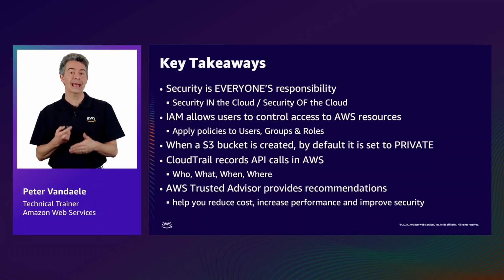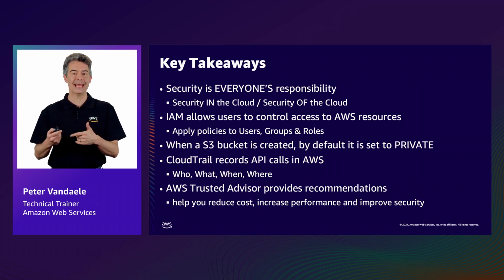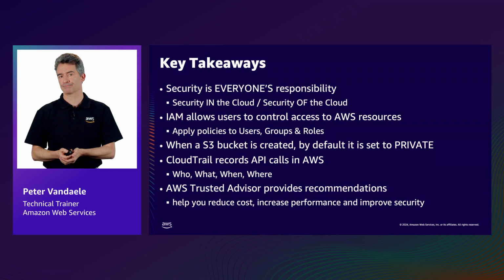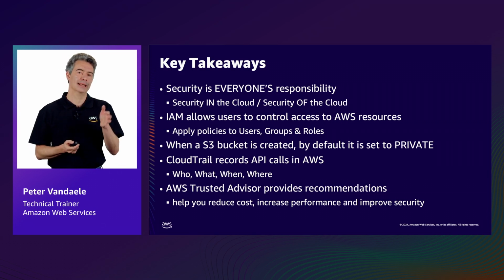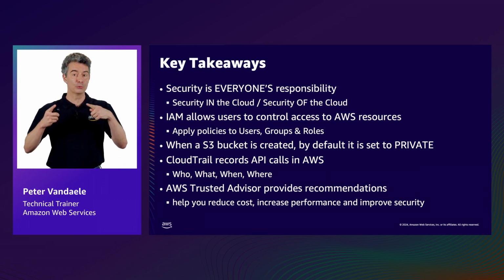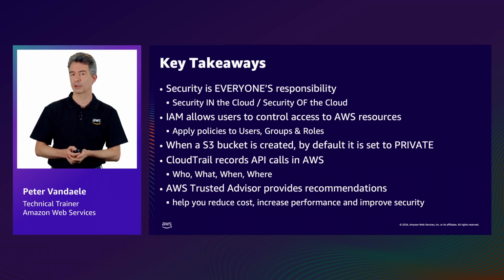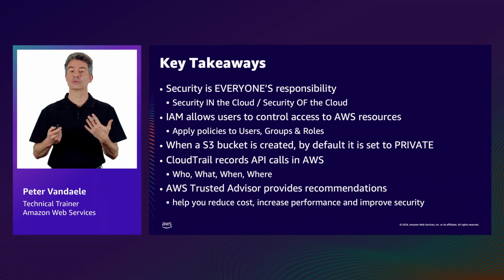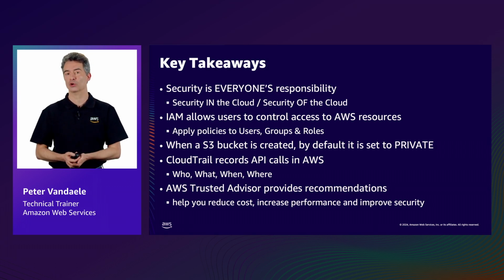AWS CloudTrail is an AWS service that records API calls made by a user, role, or an AWS service. Finally, we learned that the AWS Trusted Advisor evaluates your account and provides recommendations that help you to optimize your AWS infrastructure, improve security and performance, and reduce costs.